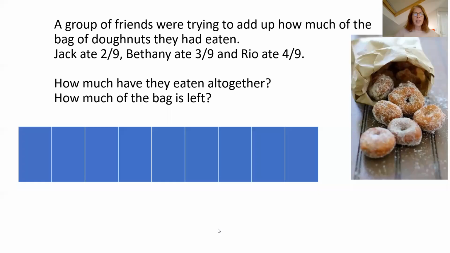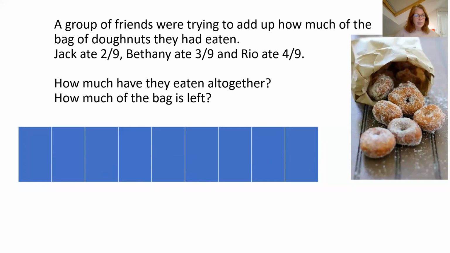Okay, so let's have a look at that problem together. So we had a group of friends eating a bag of donuts. Jack had eaten 2/9, Bethany ate 3/9, and Rio ate 4/9. So I knew that I needed a model that had 9 parts to it because that is my denominator. Each part representing one of those donuts.